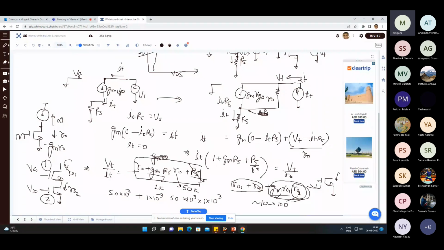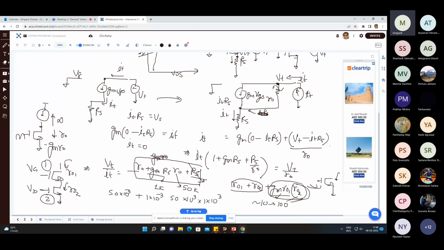So this IT is creating a VGS, which is ITRS, and that is going to amplify the voltage produced at this point, because this is appearing as VGS. This IT is resulting in a VGS of the MOSFET, and that leads to a much higher increase in the drain voltage because of the applied current.